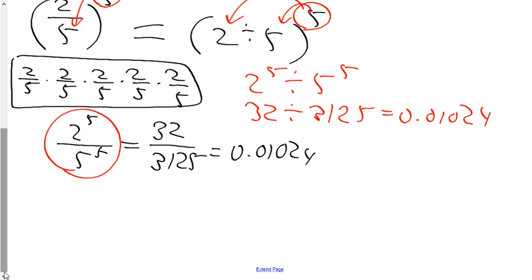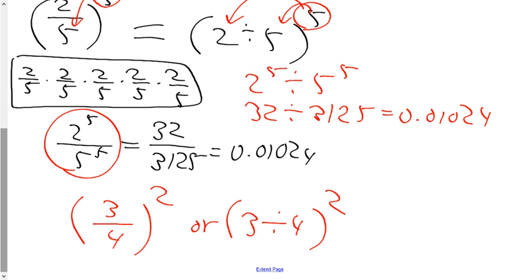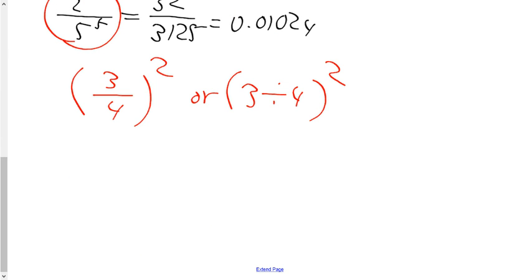So example number 2, if I gave you 3 quarters squared, or 3 over 4, the exact same question would be 3 divided by 4 squared. Either one's the same question. I could either go 3 quarters times 3 quarters, which in our head we know what the answer is.